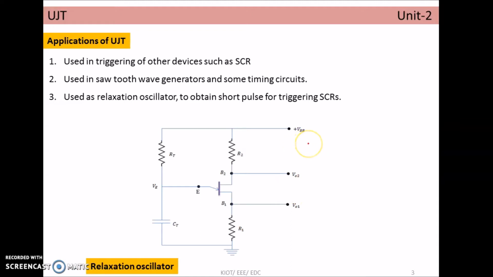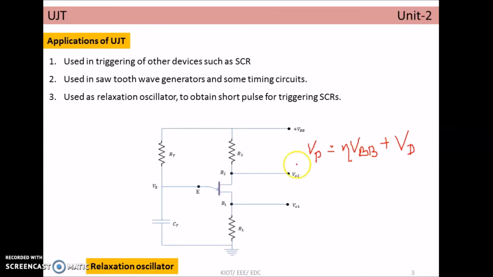That means we can say that the peak point voltage VP should be equal to eta into VBB, which is nothing but the intrinsic standoff voltage, plus VD.